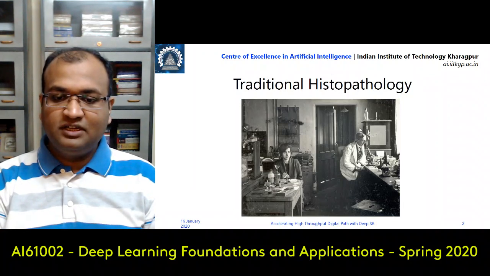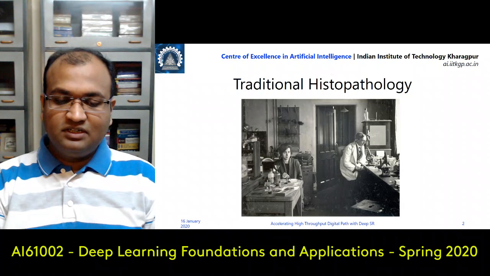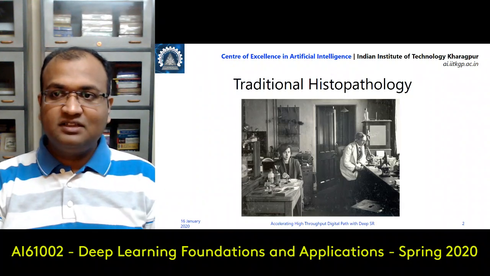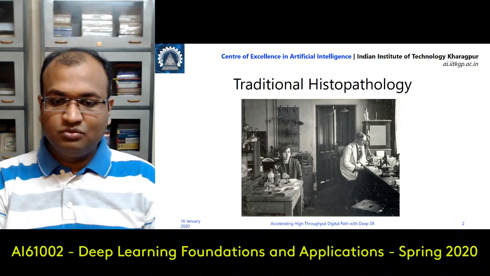He is typically a doctor who has expertise in understanding how cellular behaviors work. And this person over here is called a medical lab technologist. This is the person who prepares the glass slides and gives them to the doctor to look under this device, which is called a microscope.